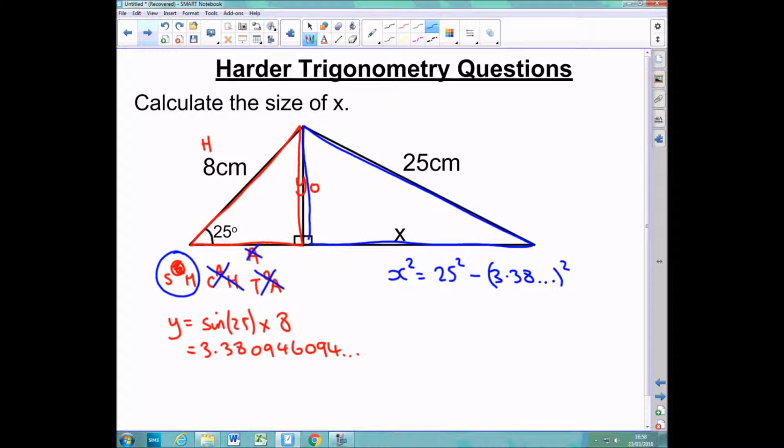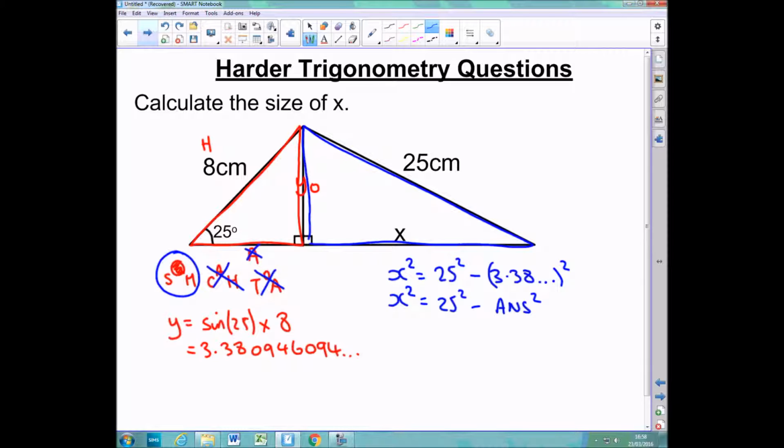Now, seeing as I've already kept this big long 3.38 decimal number in my calculator, I can actually write on my calculator 25 squared minus this button answer squared, which will just do my previous answer squared, which means I don't have to write that big long thing out again.